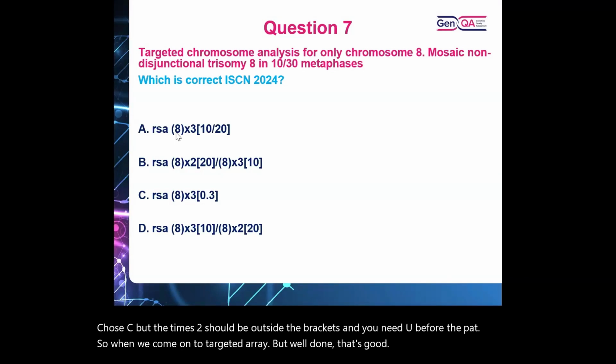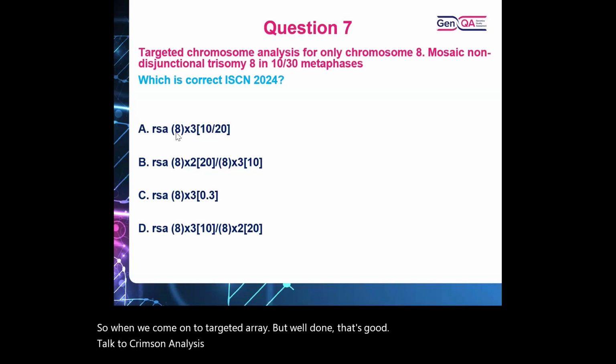When we come on to targeted array, targeted chromosome analysis for only chromosome 8. It's a mosaic non-disjunction trisomy 8 in 10 out of 30 metaphases, so which is the correct ISCN?